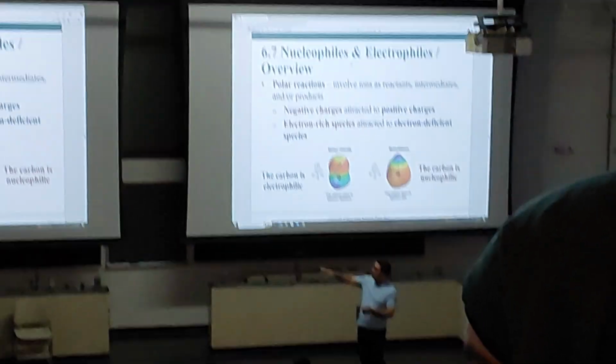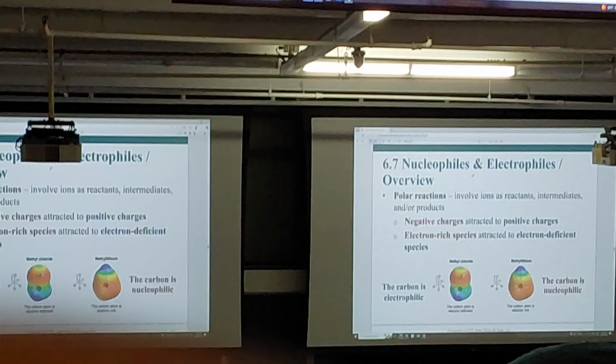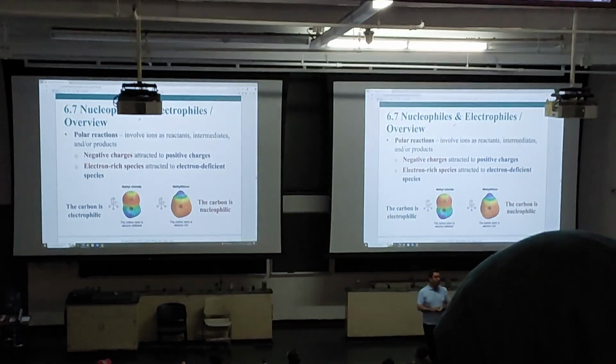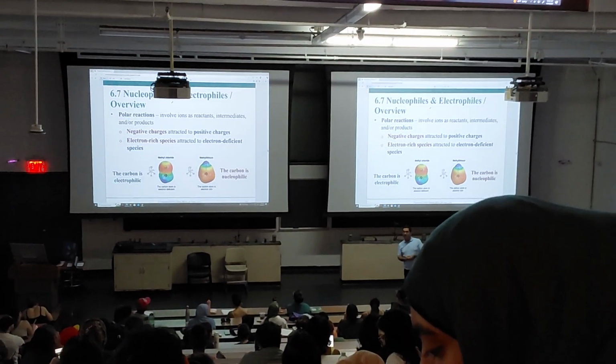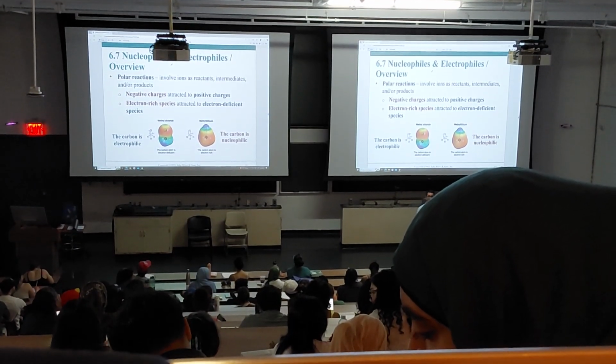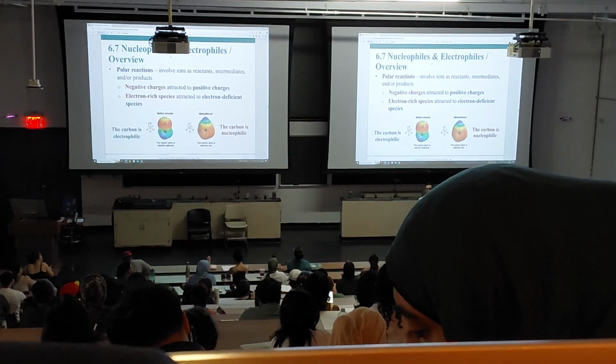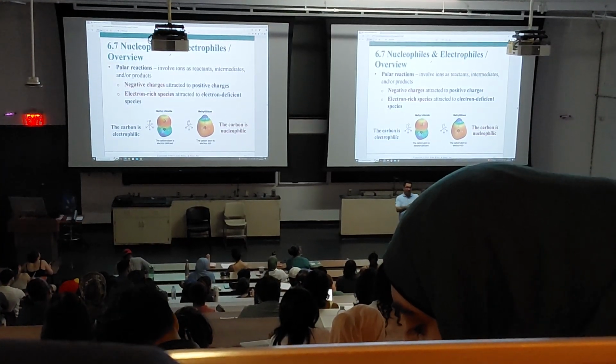It turns out what determines how strong a nucleophile or an electrophile is follows the same trends we use for acids and bases. So the stronger the base, the stronger the nucleophile. And that's why I wasn't really trying to torture you, but I was trying to get the point across.